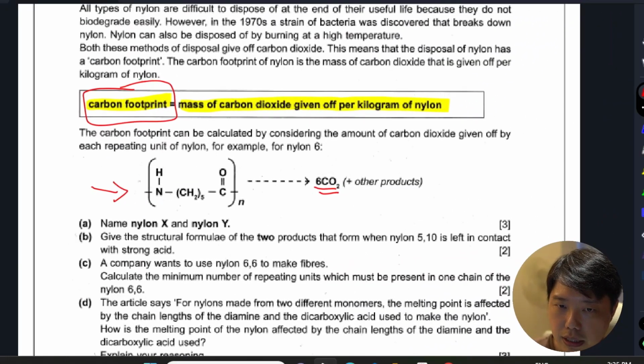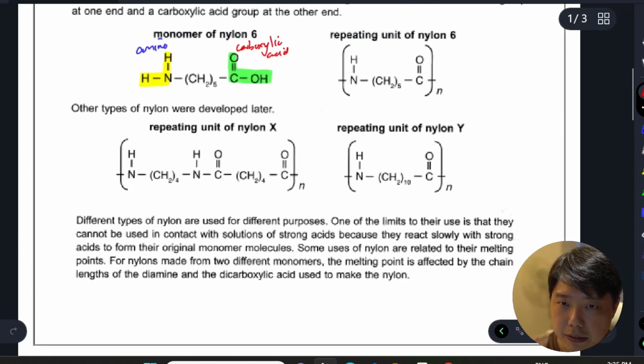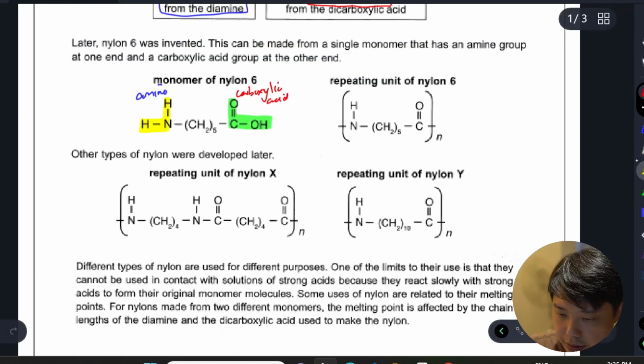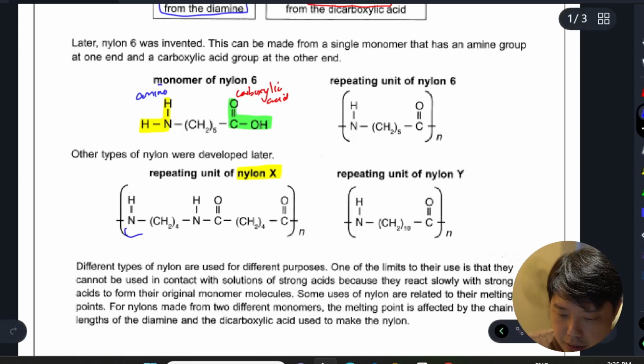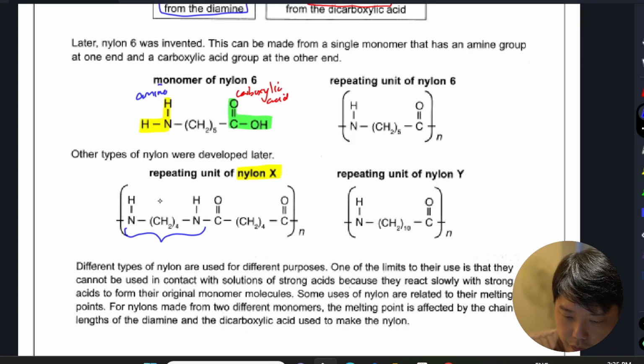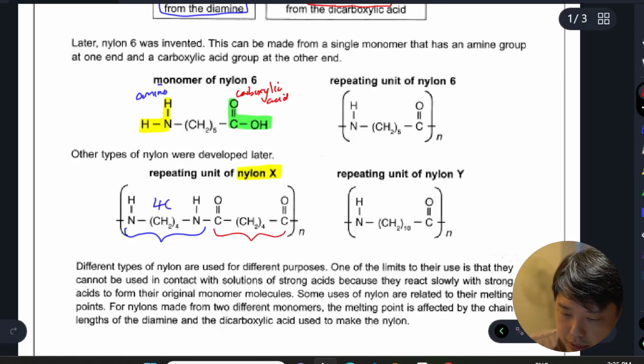Alright guys, let's look at the questions, how to name nylon X and Y. To refresh your memory, let's take a look at what X and Y are. So here you have your nylon X. How do we name it? Earlier on, the question already told us the first number has to do with the diamine side, how many carbons are there. So there are 4 carbons here. And then we look at the dicarboxylic acid side, how many carbons are there?